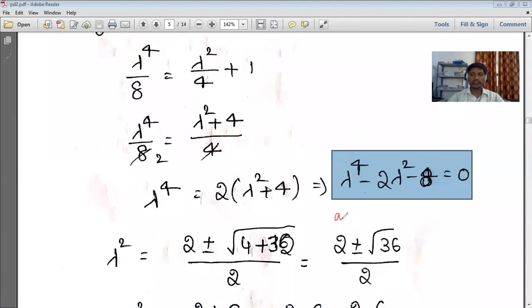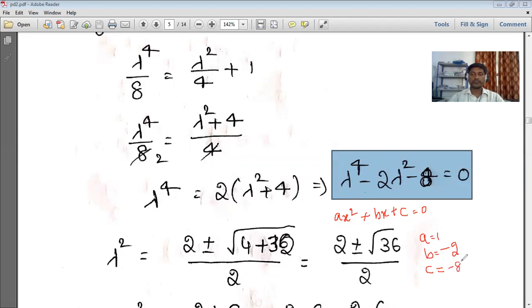What we said in the last problem is ax square plus bx plus c is equal to 0. So this is in the form of this equation. If we compare that, here a is equal to 1, b is equal to minus 2, and c is equal to minus 8.